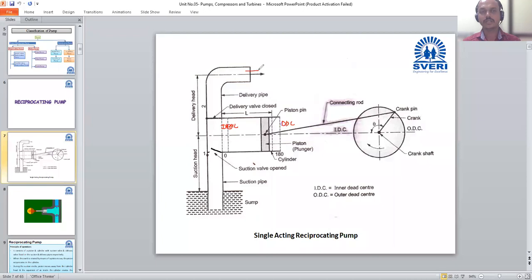So when water comes out, it is measured as the discharge. Discharge is denoted by the capital letter Q. It will be measured in the unit of liters per minute.